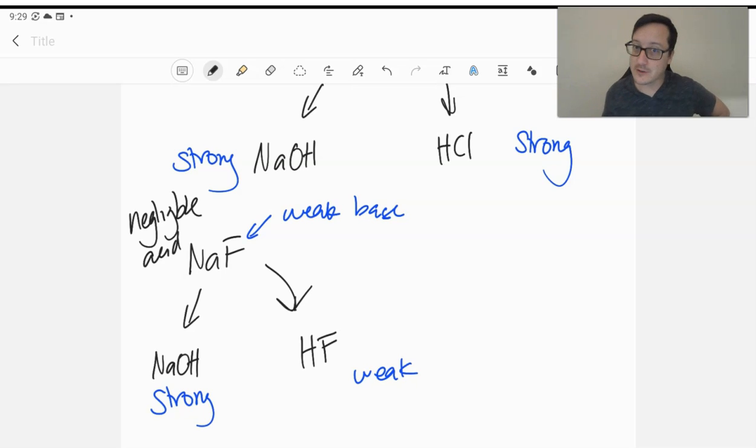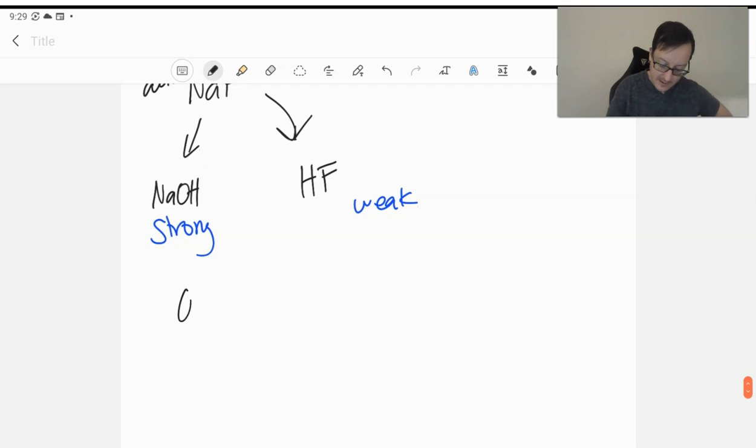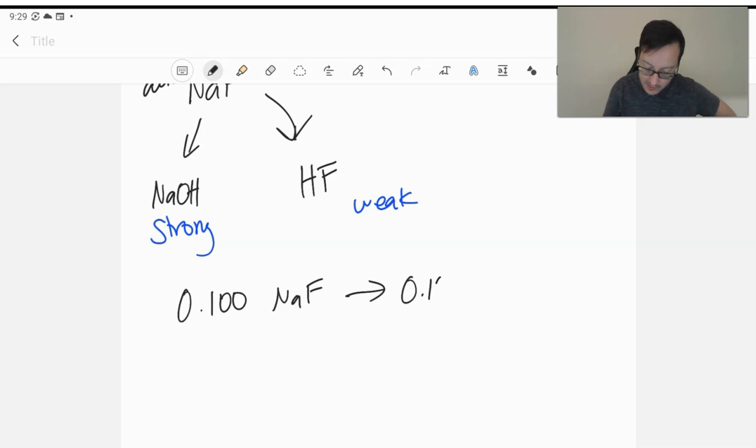And if we were so inclined, we could calculate that pH. If we had 0.1 molar NaF, remember we can ignore the sodium here because it has negligible acidity. This is a soluble ionic compound, so we're really looking at 0.1 molarity of the fluoride ion.